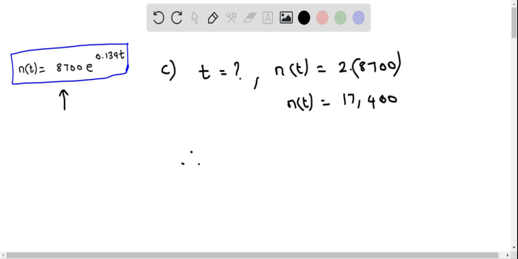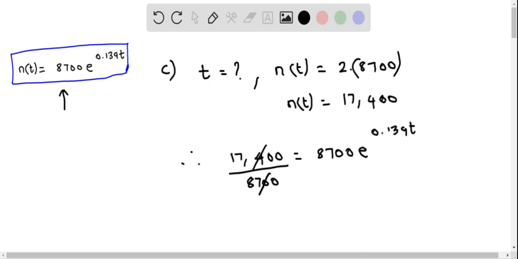So this becomes 17,400 equals 8,700 e raised to the power of 0.139 t. And we know that 17,400 is twice the 8,700. So when we divide by 8,700, we get 2 on the left, and on the right 8,700 divided by 8,700 becomes 1.